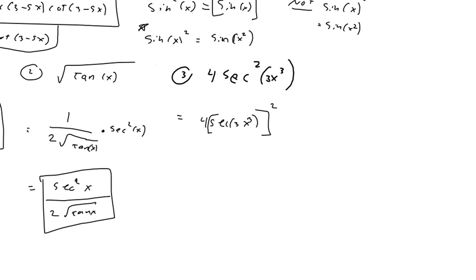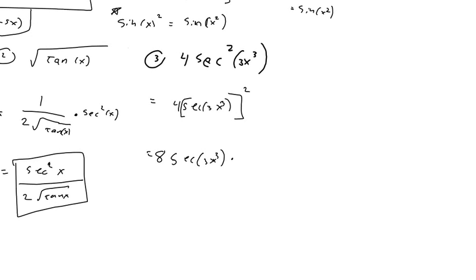So my 3 layers here for this derivative, going layer by layer, piece by piece. If I want to simplify, I have the 9 out front here, and 8 times 9 is 72, x squared secant squared of 3x cubed times tangent of 3x cubed.